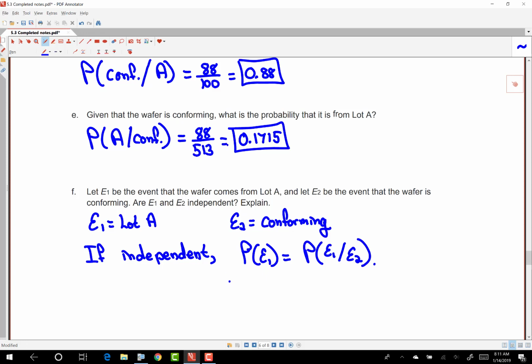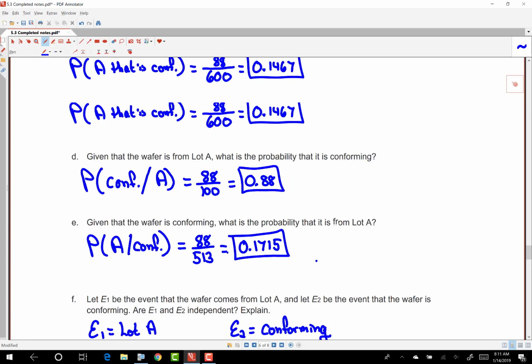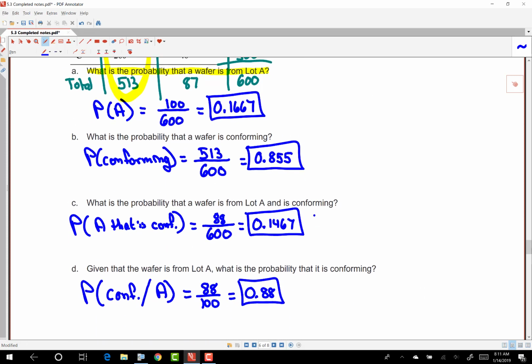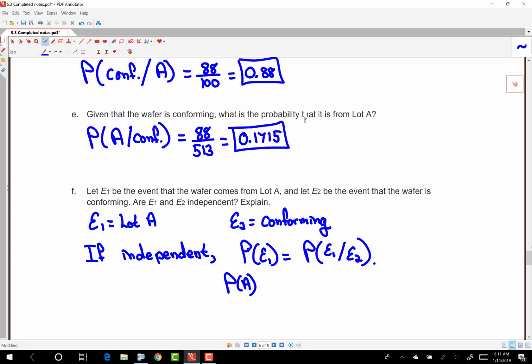So the probability of E1 is the probability that it comes from lot A. And I believe we answered that in part A. We did. It was 0.1667. And then the probability of E1 given E2 would be the probability that it came from lot A given that it's conforming.